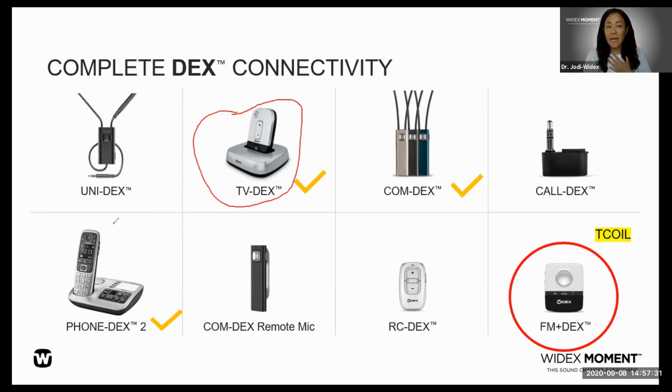If you need a landline phone and you can't hear on it, Widex makes a really nice phone system that connects to Widex hearing aids and puts the phone call into both. So if you have a Widex product, you can add any of these accessories at any time and make your communication that much easier.